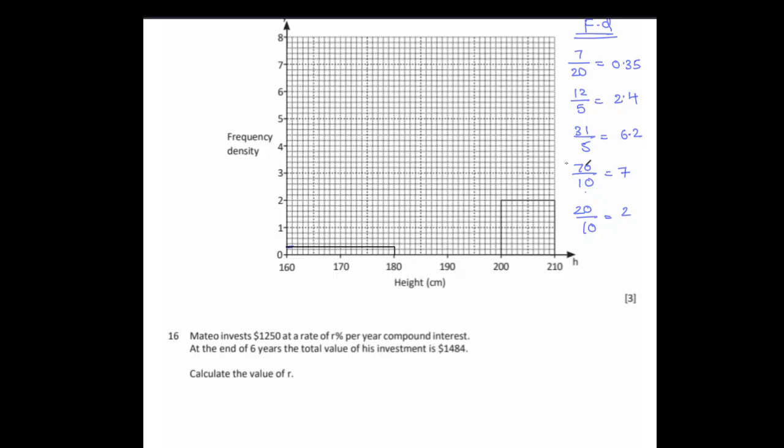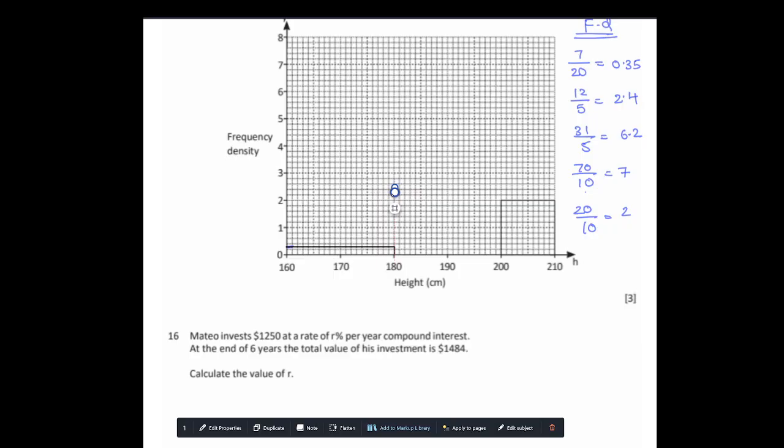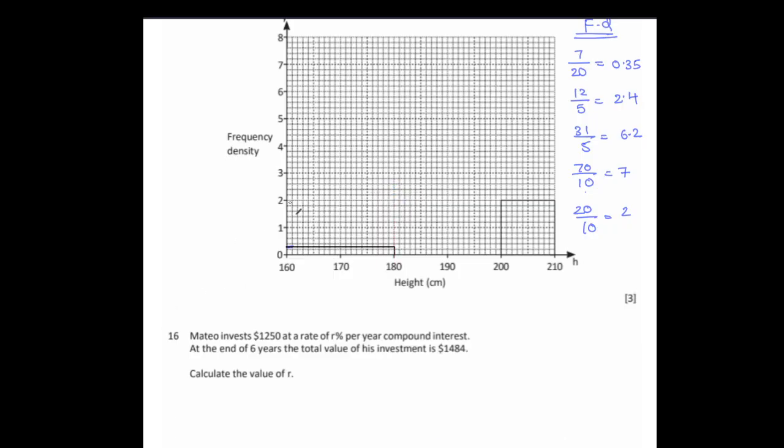2.4 is up to 185, 180 to 185. For the x-axis you need to check each box is one number. So 181, 182, 183, 184, 185. This is 185 and it is 2.4. 2.4 will be two boxes above 2.